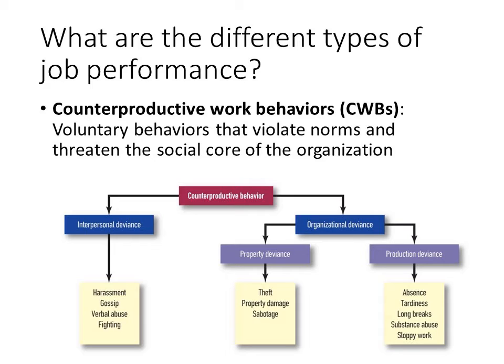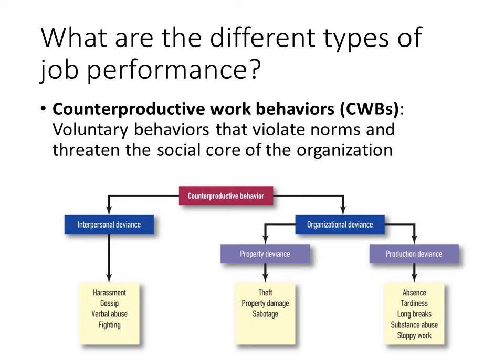Counterproductive work behaviors are the voluntary behaviors that violate norms, policies, traditions, procedures, and make it more difficult for the job incumbent and their colleagues to do their job. CWBs are the dark side of job performance. In this hierarchy, we have a few examples.